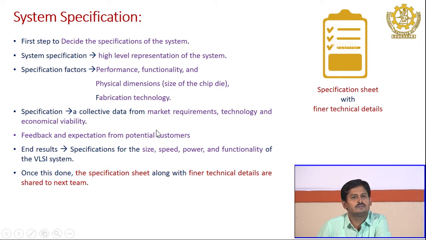So, out of that, what are the current trends in the market and what are the future requirements of the market are also studied, and depending upon that, what technology can be used to design that particular system is decided. Okay. So, as I told, sometimes the cost of the product also matters, means which sector you are targeting, whether it is IoT or a device, then how much is the cost of the system, whether it is the automobile sector, then what is the cost of the system.